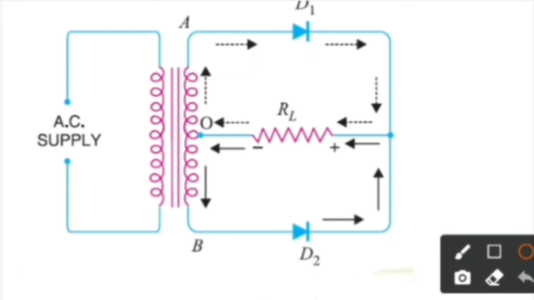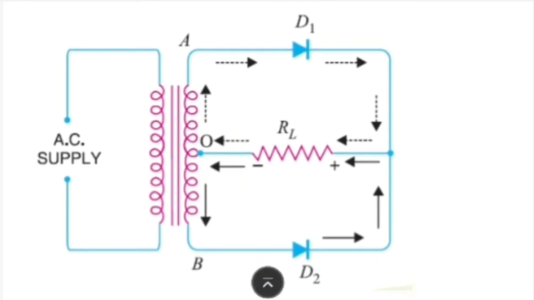So when diode D1 is forward biased, then we can get a particular half cycle of output, and when D2 is forward biased, then the next half cycle of the input is also rectified.